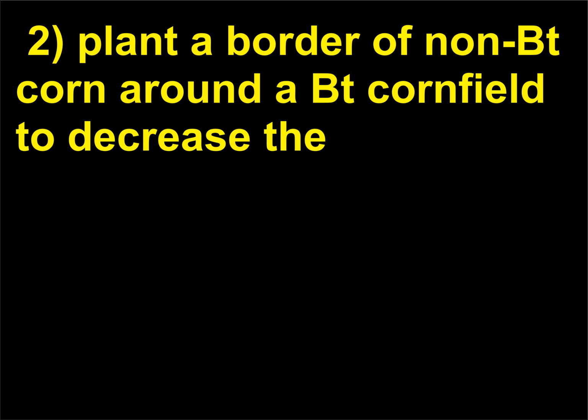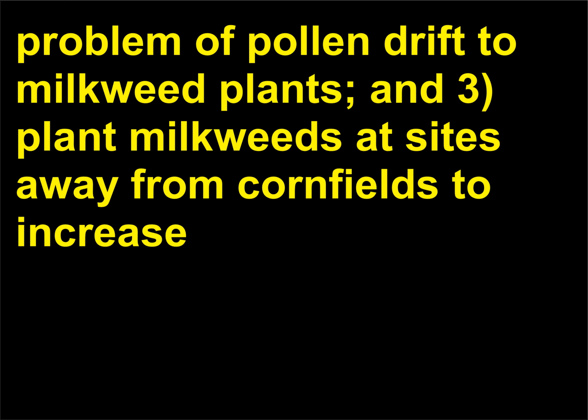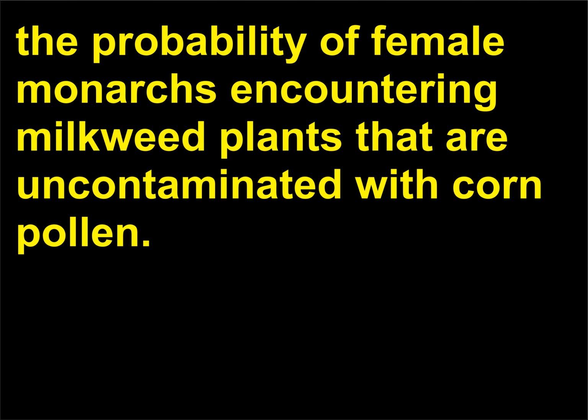Plant a border of non-Bt corn around a Bt cornfield to decrease the problem of pollen drift to milkweed plants. And 3. Plant milkweeds at sites away from cornfields to increase the probability of female monarchs encountering milkweed plants that are uncontaminated with corn pollen.